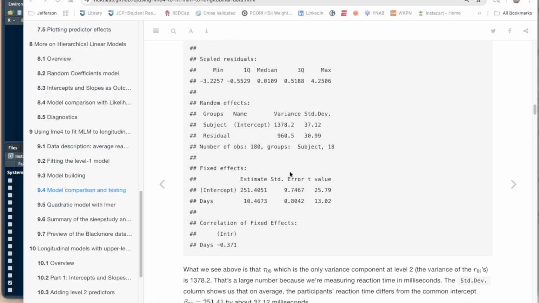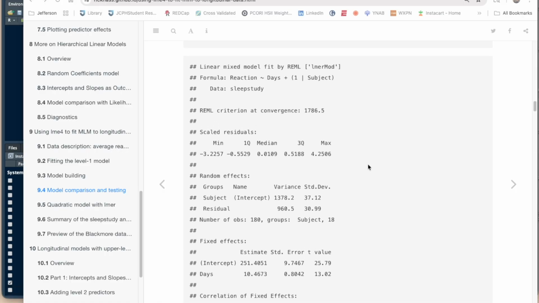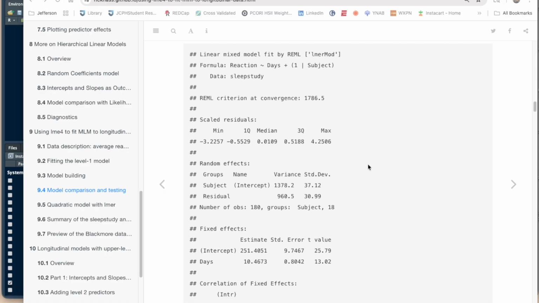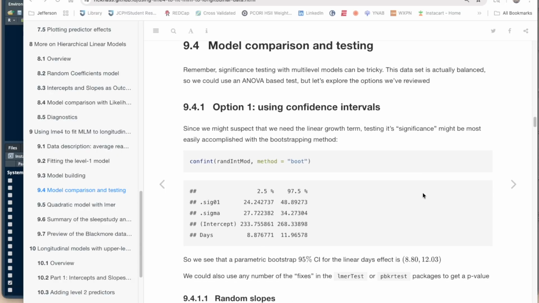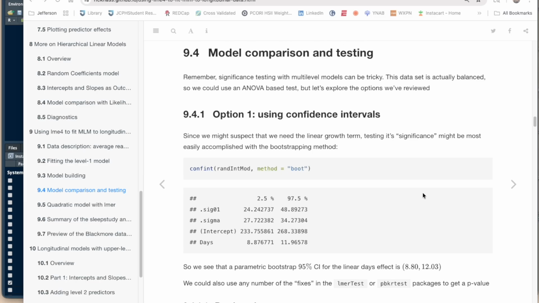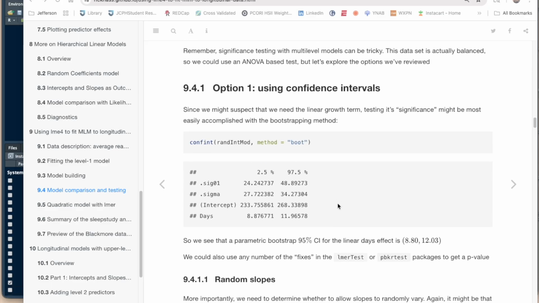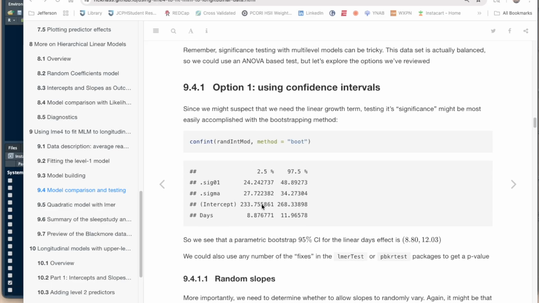So again, nothing is different. It's just the data that have changed, and sort of the way you have to think about them. Model comparison and testing also works the same. We could use confidence intervals with the bootstrap, and so we could make some inference about our intercept and slope.